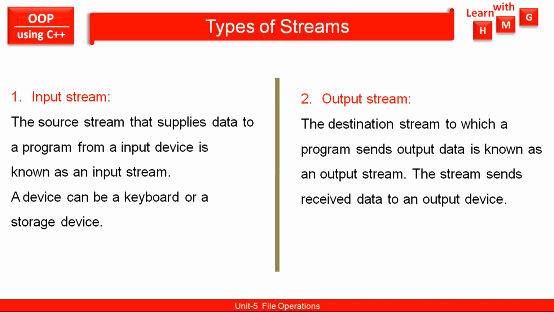The program generates the output data, and this output data is sent to this output stream, and further the output stream sends this data to the output device. So the data flow is from program to output stream and output stream to output device. The output device can be a screen or a storage device.